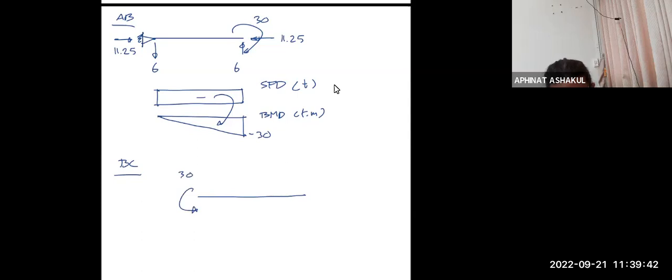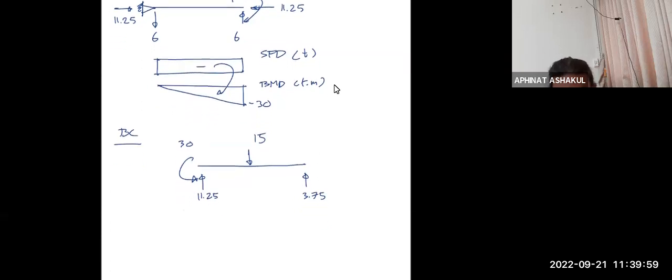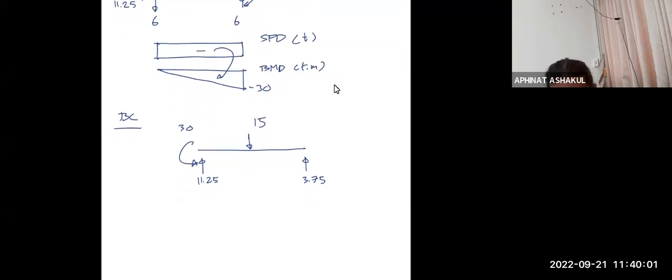That's a moment, right? And then we have this. Okay, that's a free body diagram of member BC, right? And we're gonna have a shear force diagram that looks like this. 11.25. You beat 15, it comes down that much.